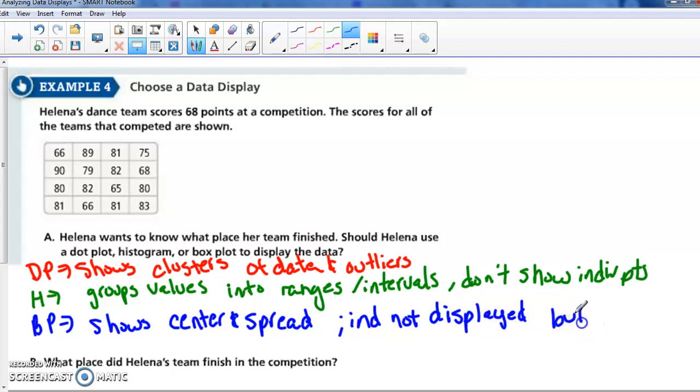But it still has the 5 key statistical points, which are your median, your maximum, your minimum. You can find your range, and then your different medians throughout the information.